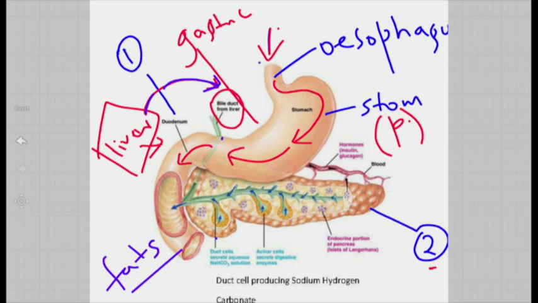To emulsify means to increase the surface area. The bile will simply increase the surface area of the fat in preparation for the enzyme which will digest the fats. The enzyme responsible for digesting fat is called lipase. So bile prepares the ground for enzyme lipase to act on.